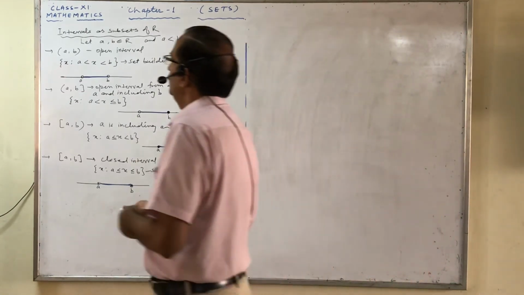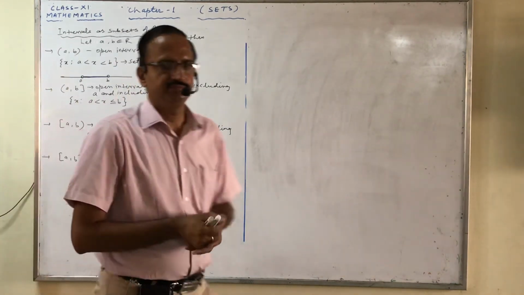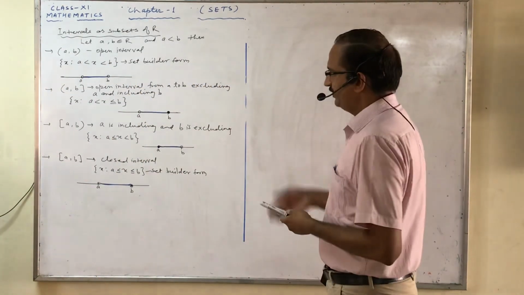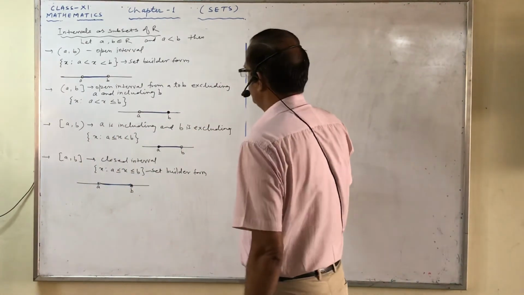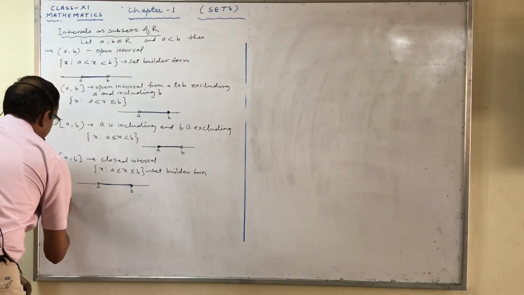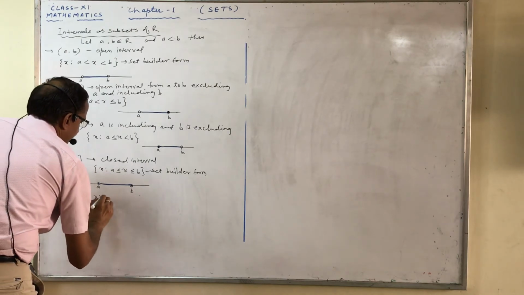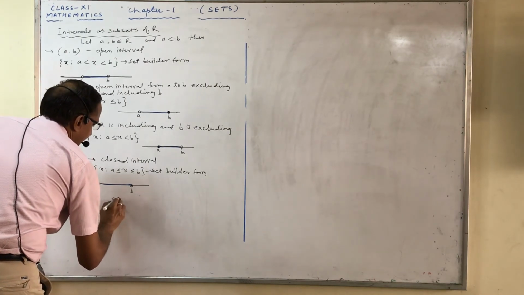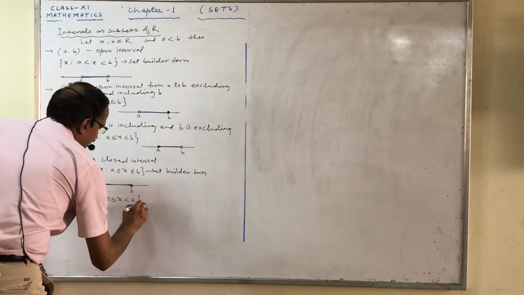So these are intervals as subset of real number. Suppose I am taking one example. If the question is like this, we have an interval x such that x is greater than equal to -3 and less than 2.